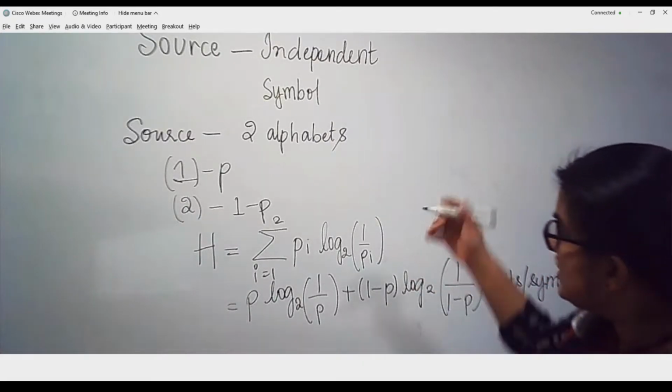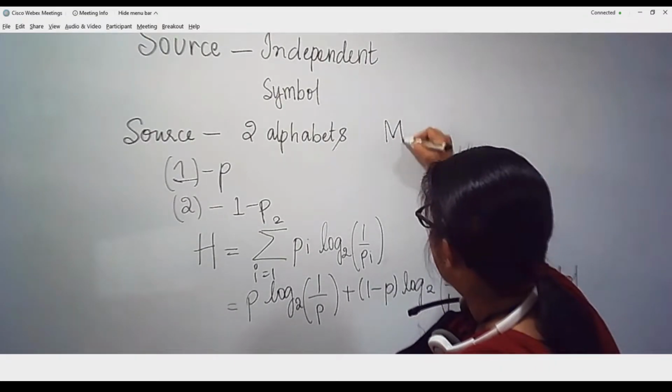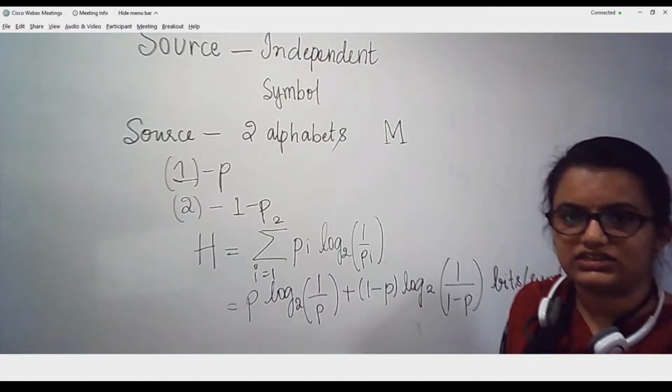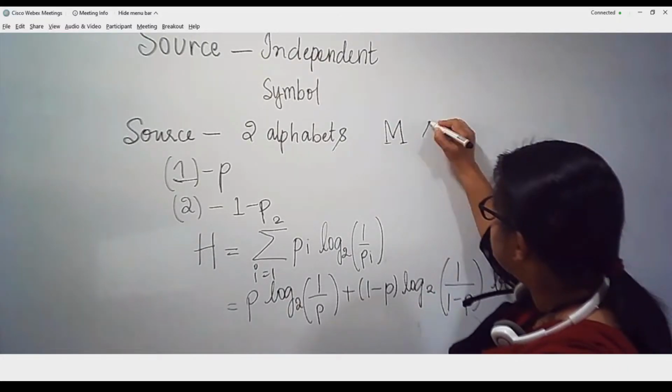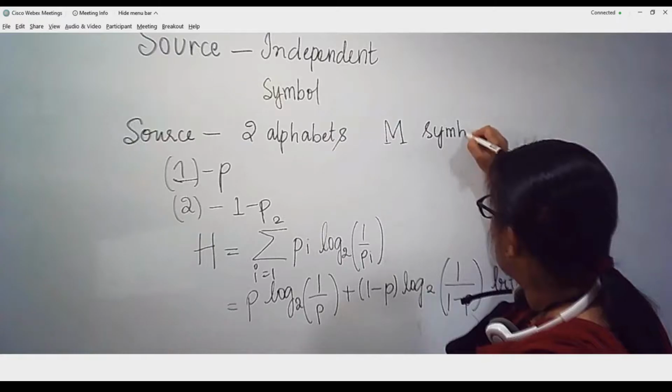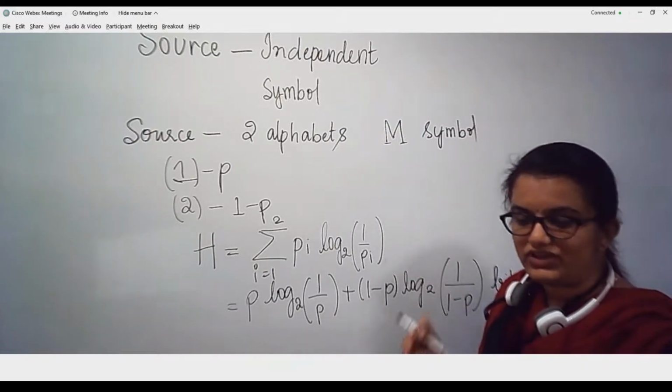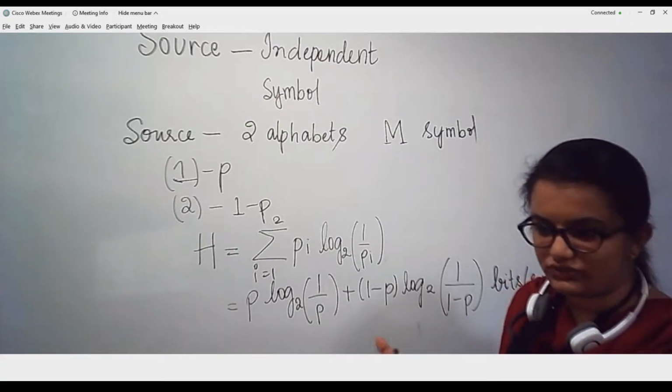So let's suppose there are m such independent symbols that are generated, and let us consider the scenario where all these m symbols are equally likely. That means generation of one symbol will have the same probability as the generation of the other symbol.